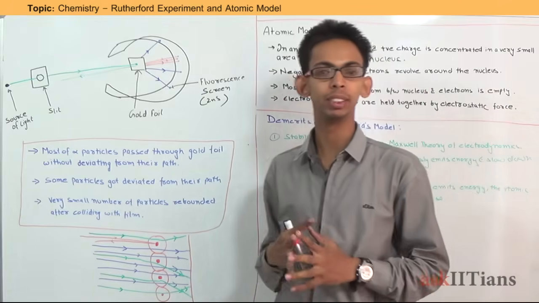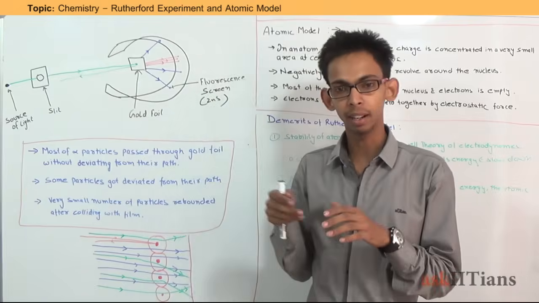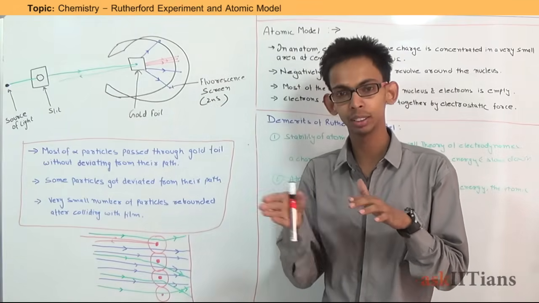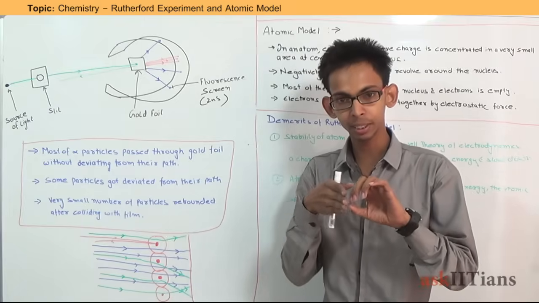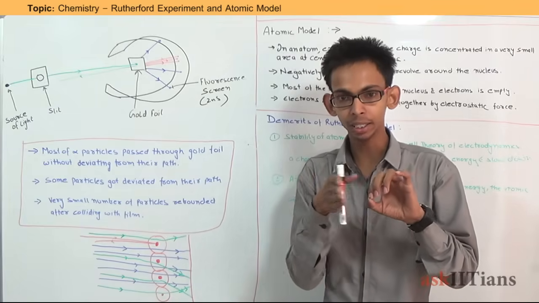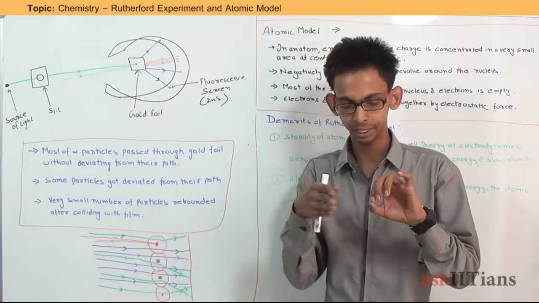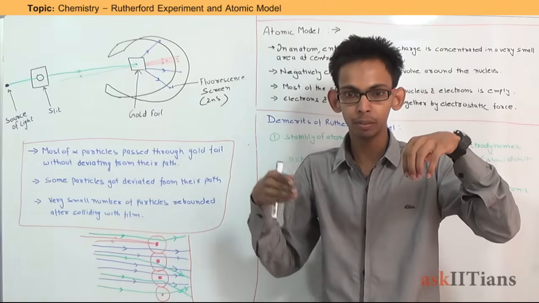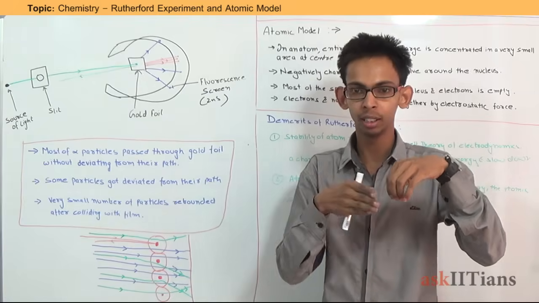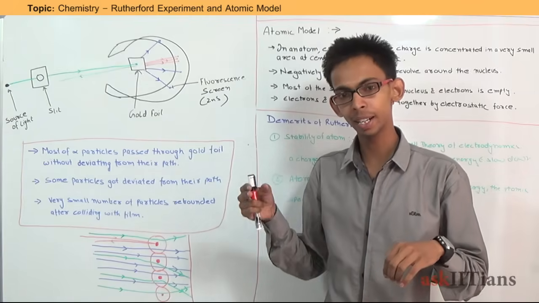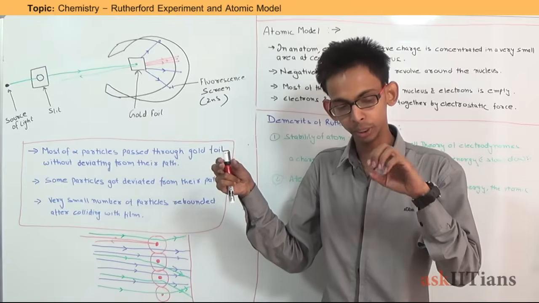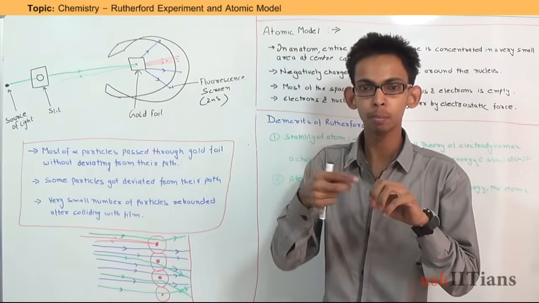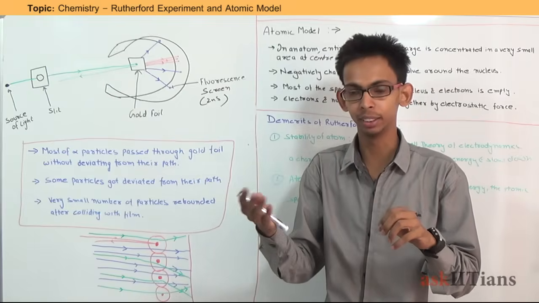Now what is the meaning of this? If the alpha particle is getting deviated from its path, that means there is something present which is repelling the alpha particle. That's why, rather than going straight, it is deviating from its path. Now the alpha particle is positively charged, so the thing which is repelling it should also be positively charged, because like charges repel.